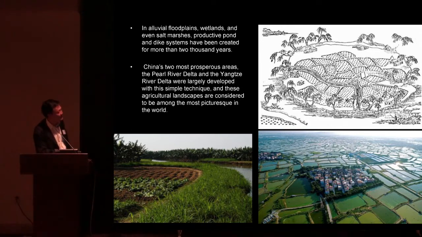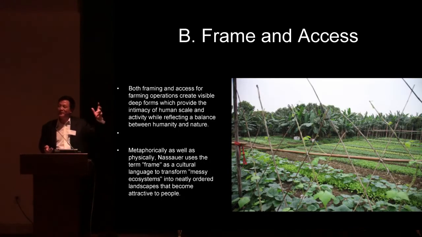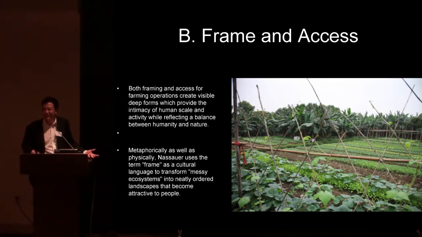You can see that in Pearl River Delta area, individual farmers or peasants literally create such a beautiful, productive, and resilient landscape that's sustainable. It's been here for 2,000 years. You can imagine what kind of techniques can make such a sustainable landscape.